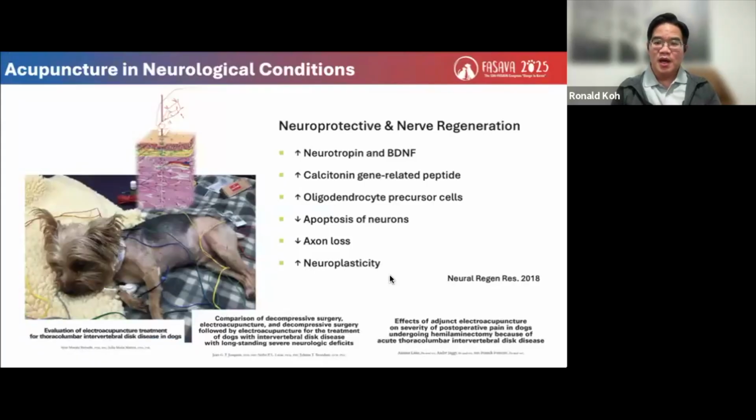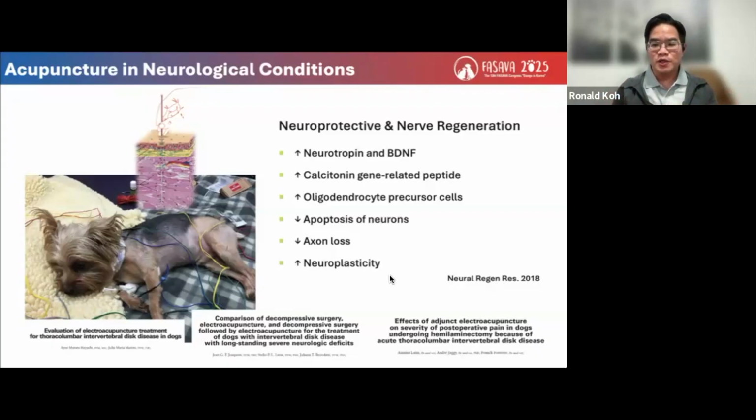So acupuncture is not just for pain. In neurological conditions, there are a lot of studies that have proved that it has a direct neuroprotective and regenerative effect. For example, increased neurotrophins, BDNF, CGRP, oligodendrocyte precursor cells. Those factors are very, very important to support synaptic plasticity, remyelination, and also regeneration.